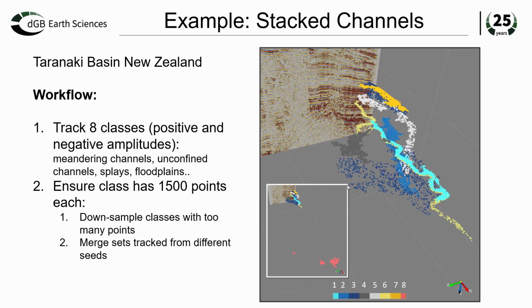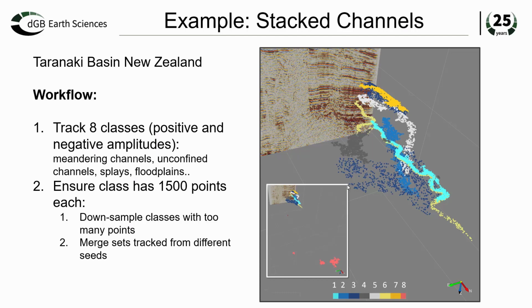Our workflow today will be to track 8 classes, so both positive and negative amplitudes. Due to the way the Thalweg tracker works, we either have to stick to positive or negative amplitudes, where we've identified 8 possible classes based on their shape and how they look. So we're dealing with meandering channels, unconfined channels, splays and floodplains and so forth.